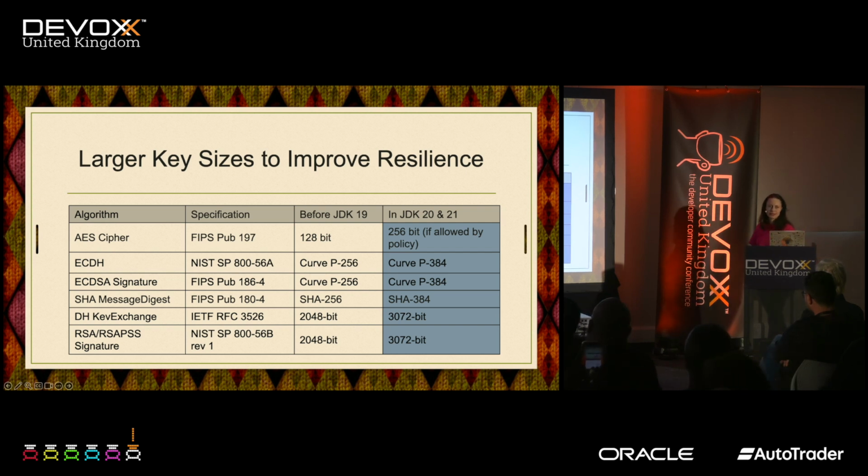Larger key sizes provide stronger cryptographic protection for your applications, making it more difficult for attackers to compromise your data. They also increase the resilience of the encryption algorithms, ensuring confidentiality and integrity of your data in transit or at rest. So that's one part that happened within JDK 20 and 21: larger key sizes.